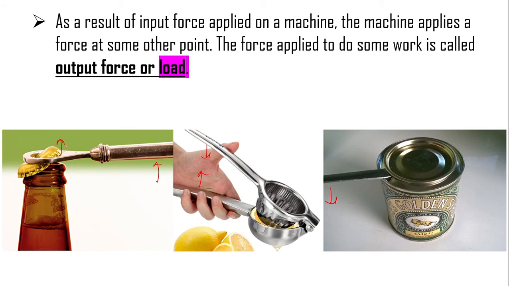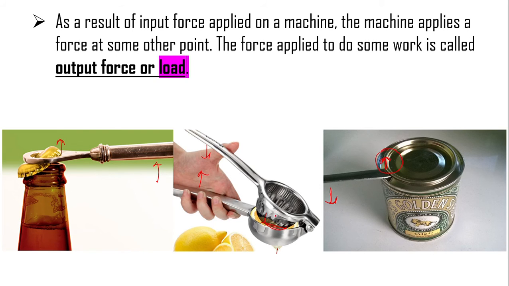If you are squeezing this arm of a lemon squeezer, the tool is squeezing the lemon and we are getting the juice over here. Similarly, when you apply a force on a spoon or a knife in a downward direction, the knife applies a force in an upward direction.